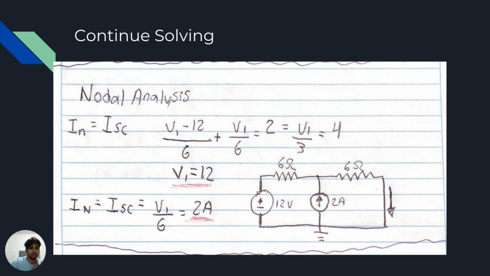So we can get the current of the Norton and short circuit by dividing the voltage V1, 12, between the resistor, and we get a value of 2 amperes. And in the drawing we can see the short circuit drawing.